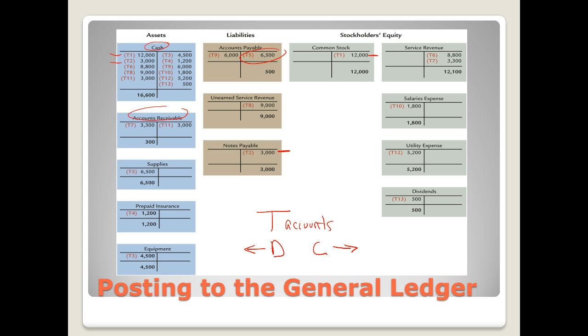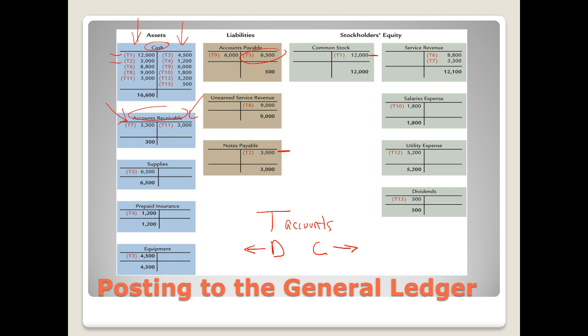If you follow every single one of the transactions in high-tech, you will discover that all of them affected one of these listed accounts at least once. Notice the cash account had both debit effects and credit effects. The accounts receivable account had both debit effects and credit effects.